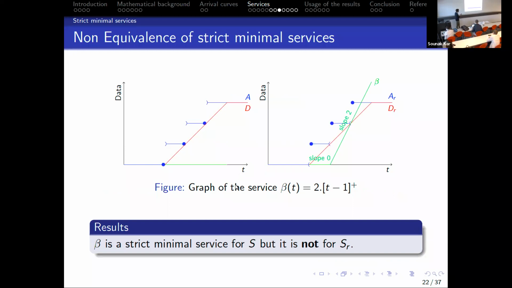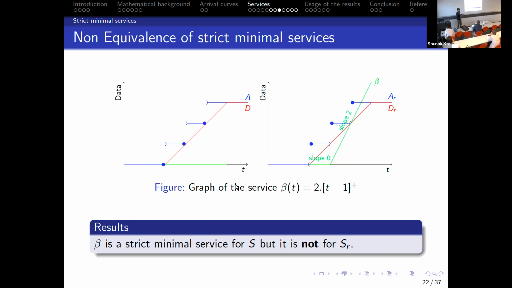Then, according to this example, we can take, for instance, a service curve beta equal to 2 times (t minus 1), and we see that this service curve is a strict minimal service curve for S, but not for S right, the right extension of S. So we have no preservation passing from the left world to the right one.